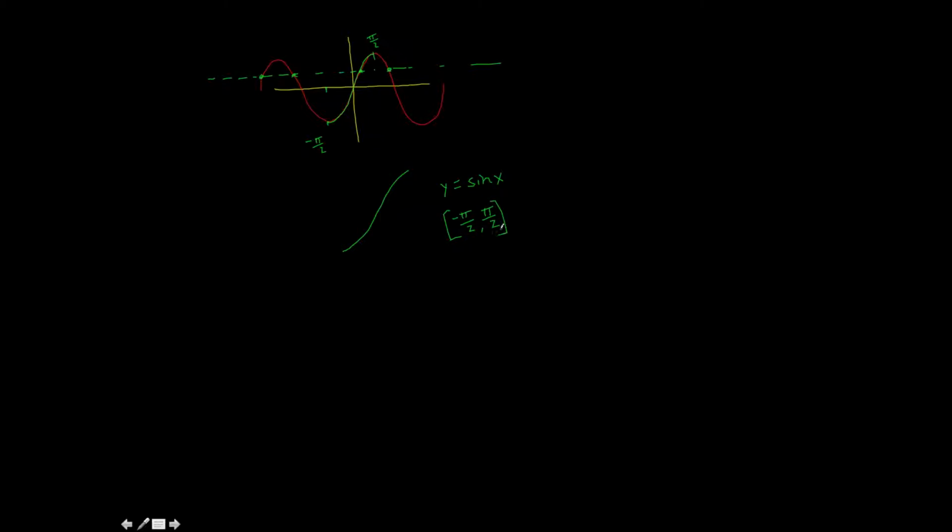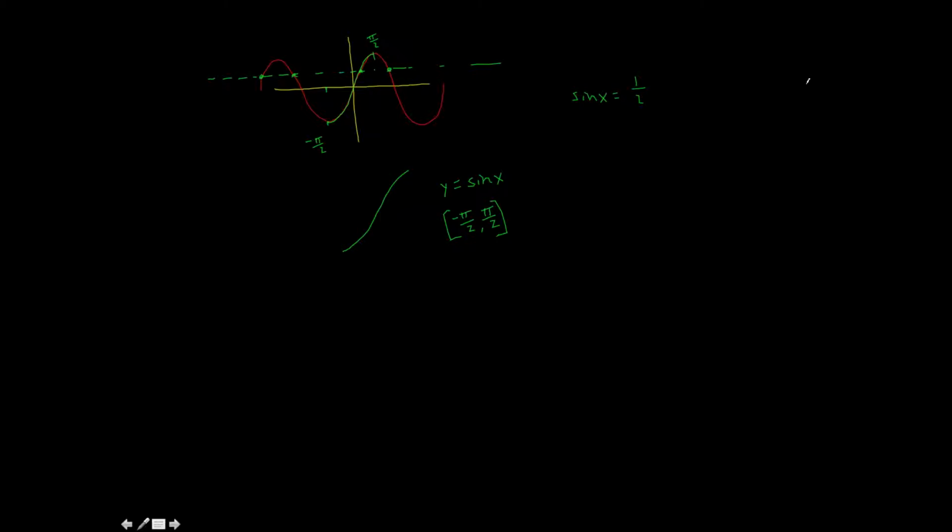So if we restrict it, it is one-to-one. Essentially what we're saying here is, we know that sine of x equals 1/2 at infinitely many places. You can find that answer infinitely many times across the sine curve.